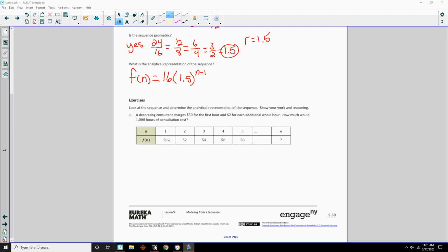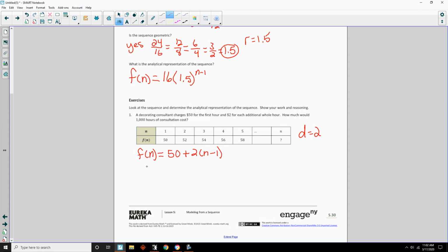So if I look at this, 50 plus 2 is 52, plus 2 is 54, plus 2 is 56, plus 2 is 58. So we have a common difference of 2. So this is arithmetic. So you would say f of n equals the first term plus the common difference, which is 2, times n minus 1.